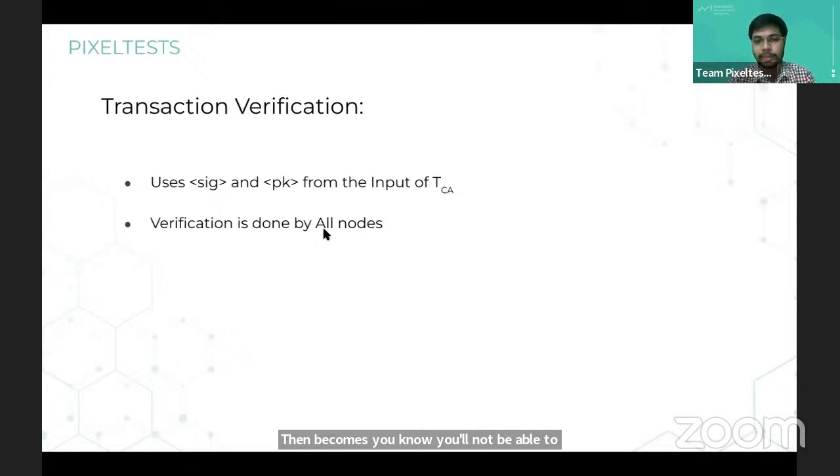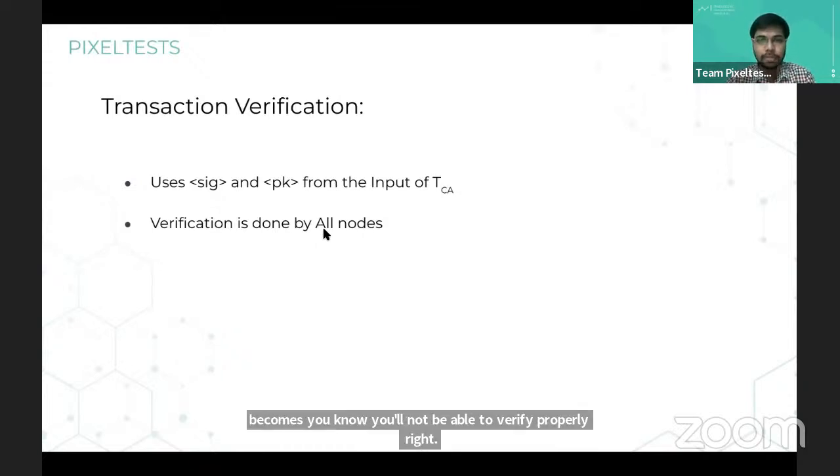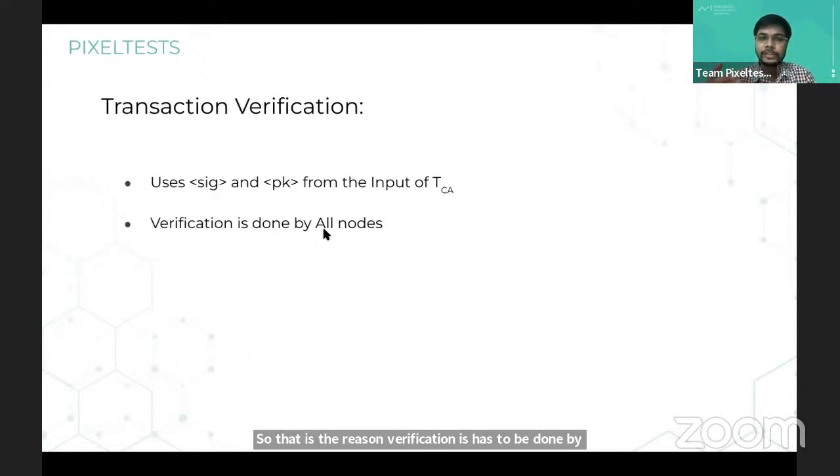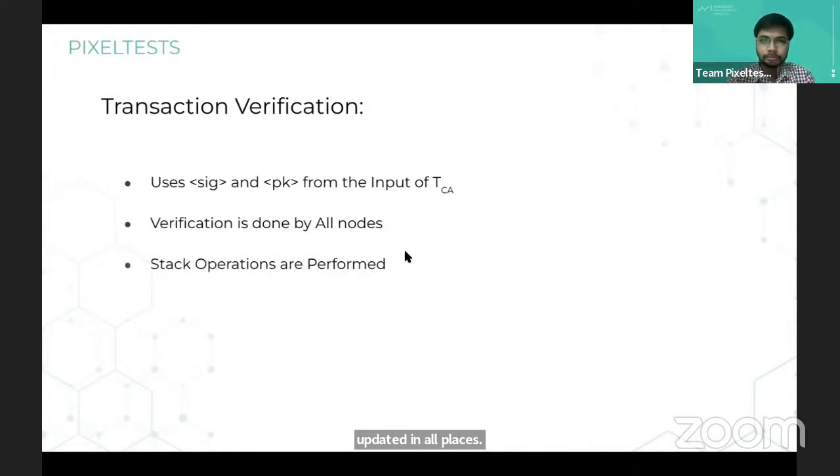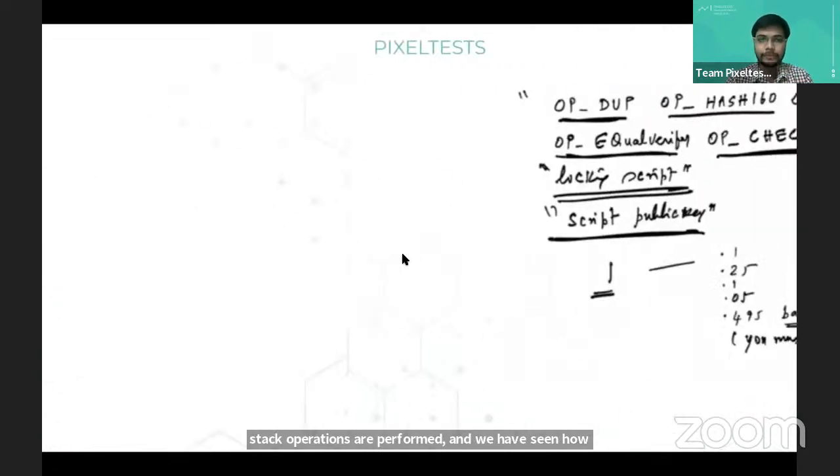That is the reason verification has to be done by all nodes. When that verification is done, the public ledger is updated in all places, right? So verification is done by all the nodes. The stack operations are performed, and we have seen how the stack operations are performed in detail, right?